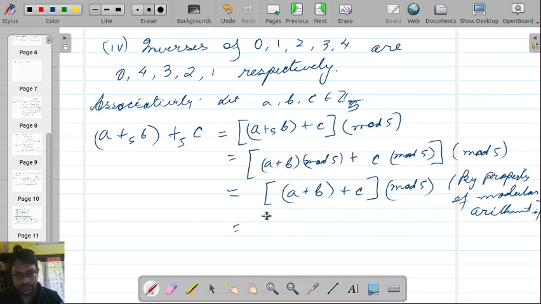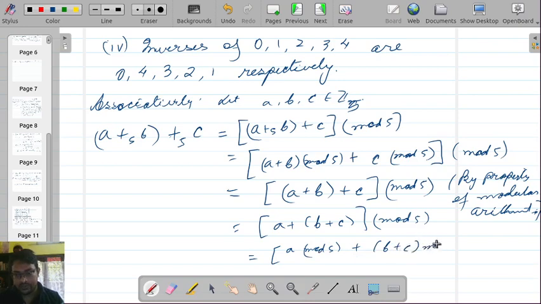Right. So again I can write it as (A + B + C) mod 5, and then this can be written as ((A + B) mod 5 + C) mod 5, or (A mod 5 + (B + C) mod 5), just like we had done actually, and then the whole thing again taken modulo 5.